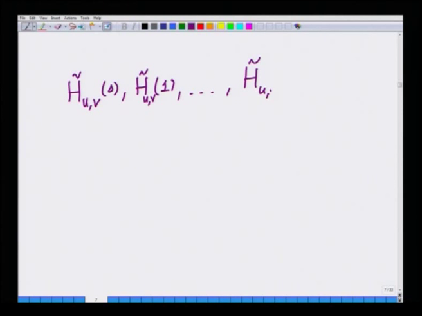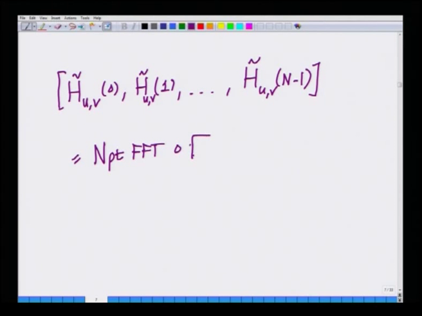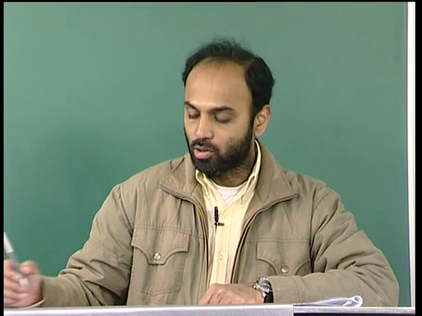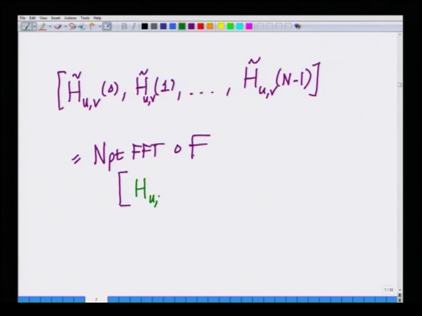If you take this n dimensional vector, this is nothing but the n point FFT of the u comma vth elements of the MIMO channel taps, which are H of uv comma 0, H of uv comma 1, so on and so forth, H of uv comma L minus 1. Of course, this has to be taken after 0 padding.